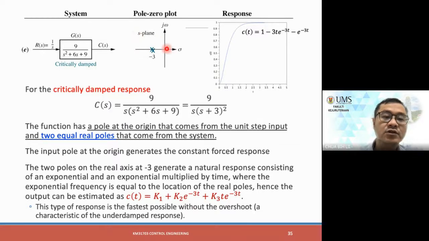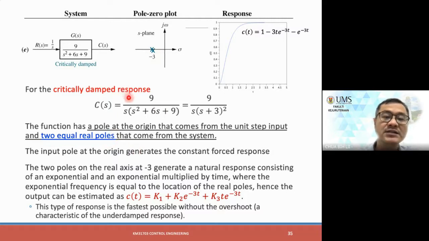But let's continue back to the characteristic of the second order system. Here you will see that for a critically damped response, the denominator will now have two equal real poles. Instead of two separate real poles previously, now we have the same pole twice, at the same value. Normally we just mark it like this, at the same poles.